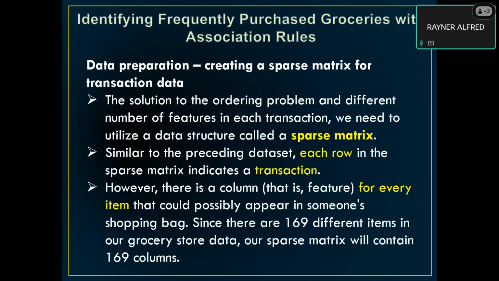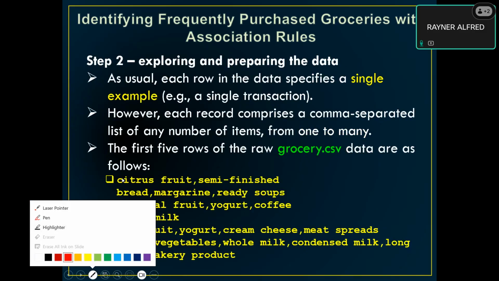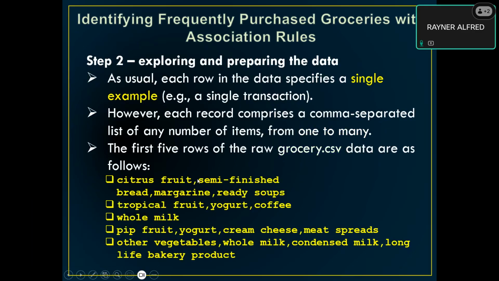Okay, so what we want to do is create a sparse matrix. A sparse matrix is like a table, but similar to this. For example, we have 5 rows here, but we do not have an equal number of columns for each row. That is the sparse matrix.